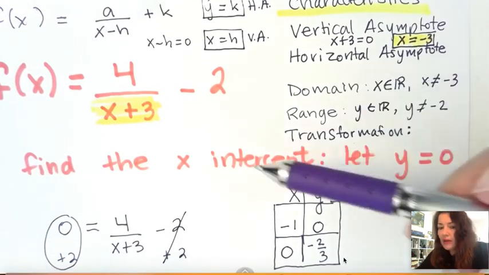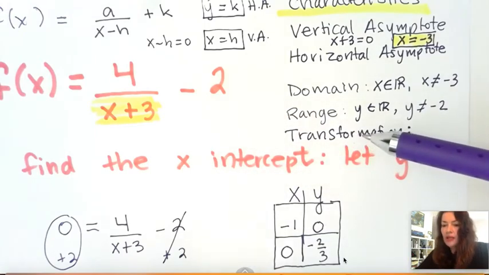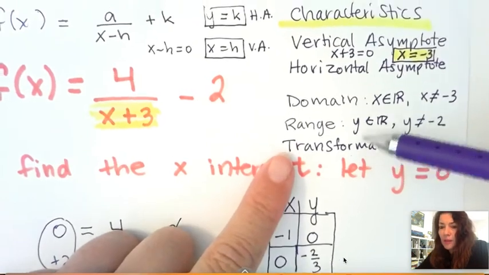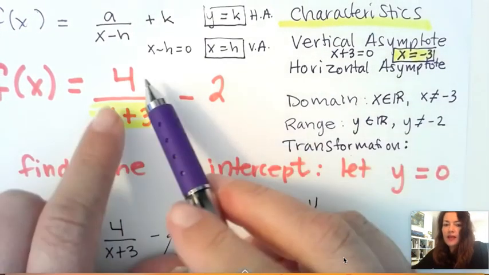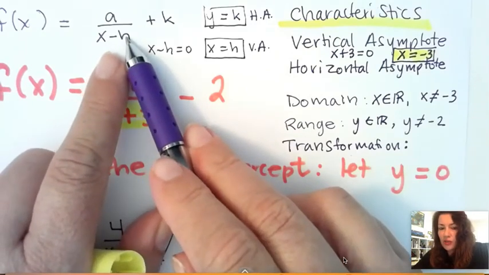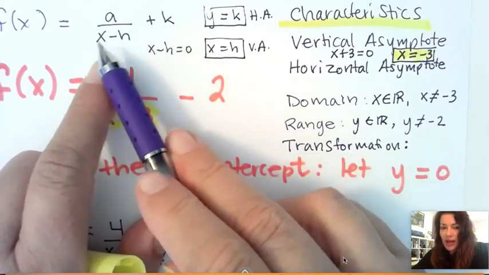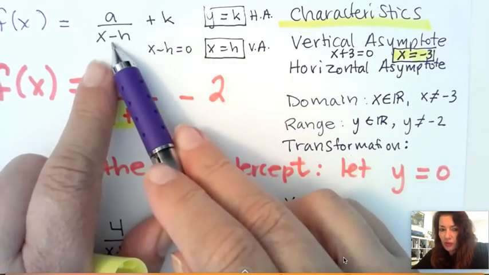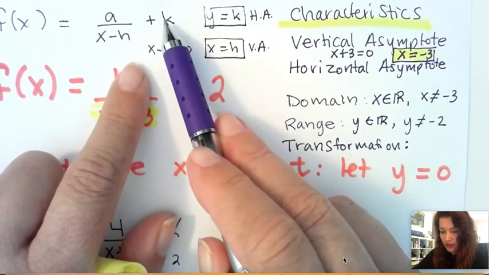Now, how would we describe the transformation? Well, I don't even need to draw the graph yet to describe the transformation. I can look at my vertical and horizontal asymptote. If you recall, the h is going to move your graph left to right. Anything to do with x moves your graph left to right, and your k will be vertical, in other words, up or down.